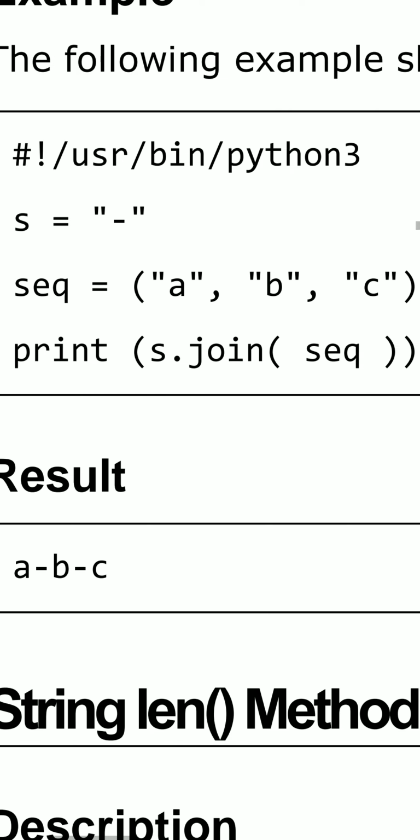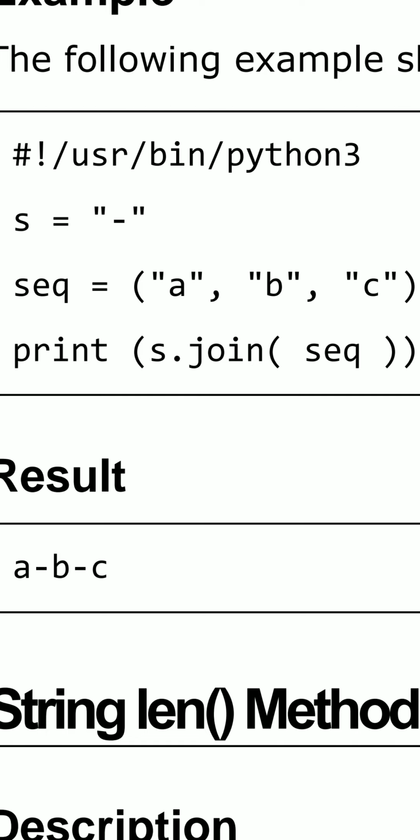Please observe the print statement: print(s.join(seq)). Here the dot is an instance operator. By using this instance operator, I am calling the join method, where s is a variable whose value is the separator, and seq is a collection of characters, that is a, b, c.